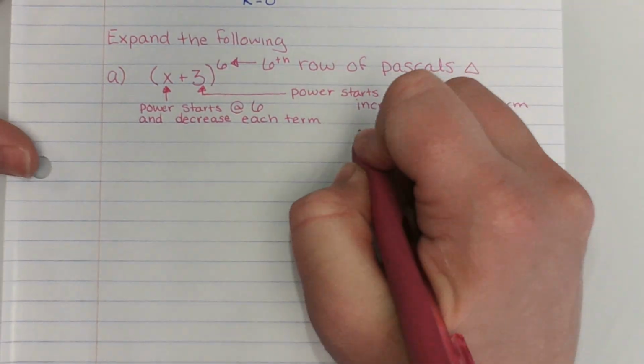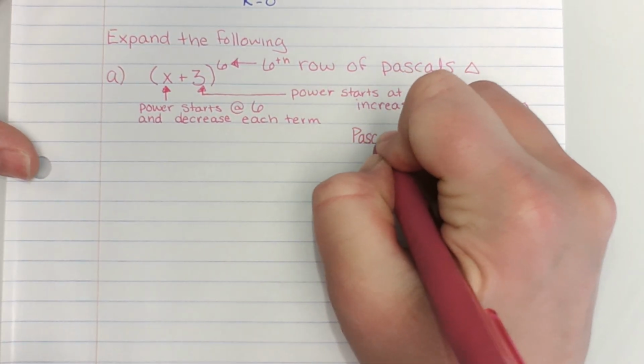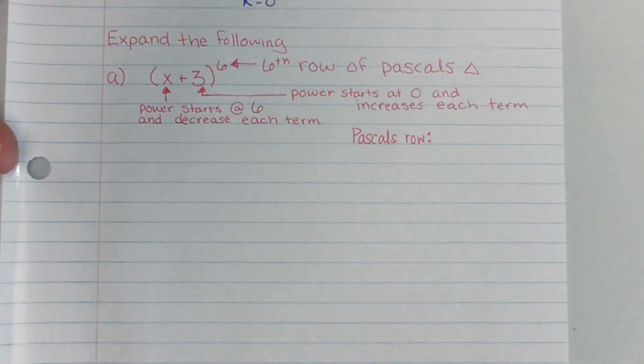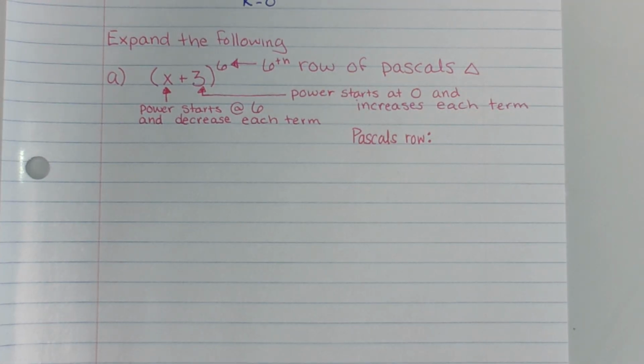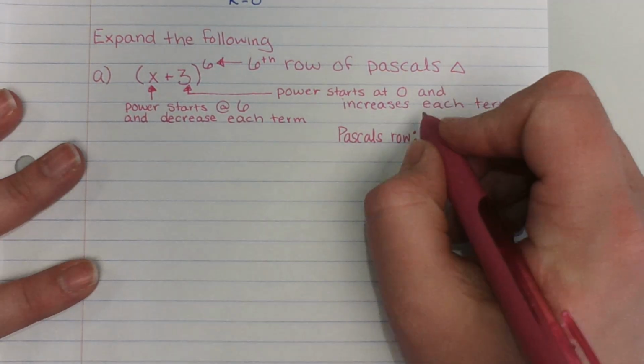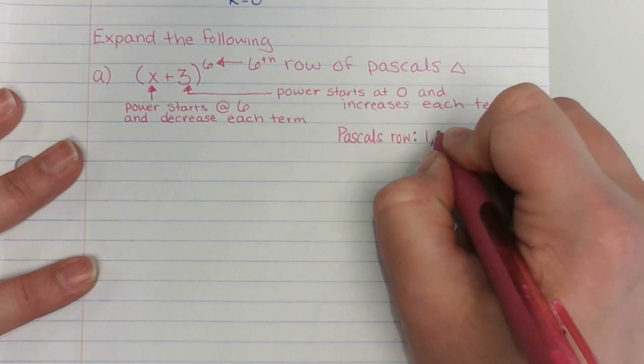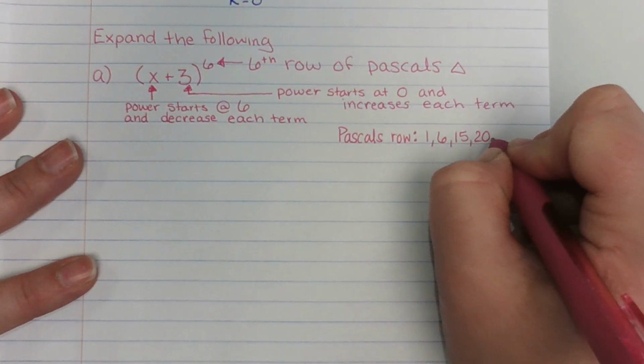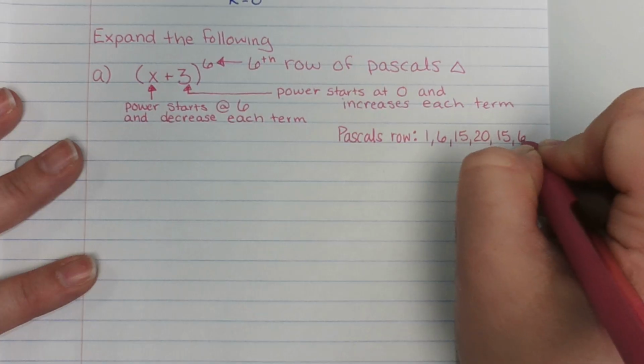One thing that can be helpful so that you can cross things off is actually write down Pascal's sixth row. Do you have to? No. Does it help people? Often. It goes 1, 6, 15, 20, 15, 6, 1.